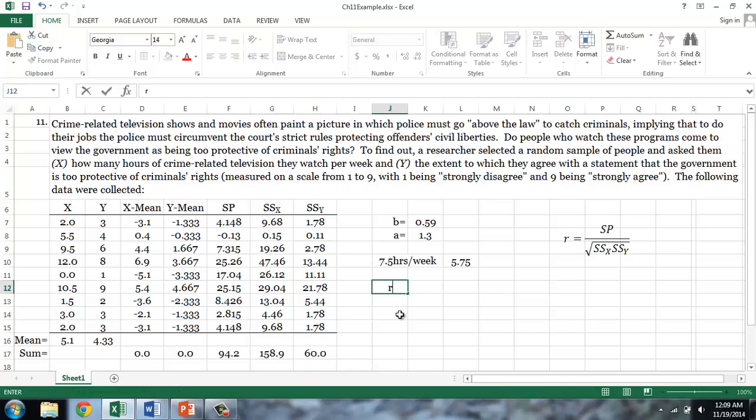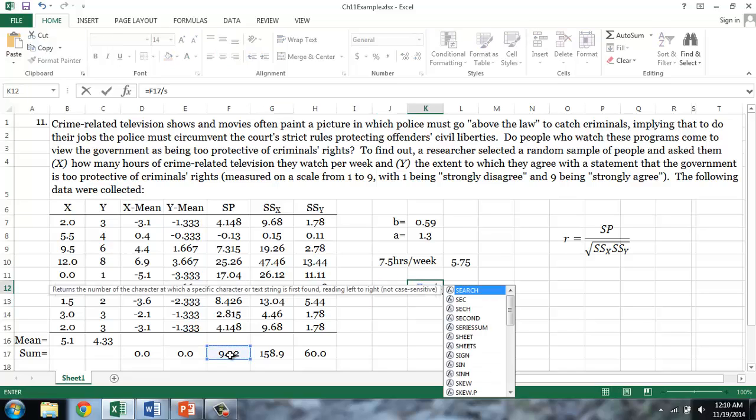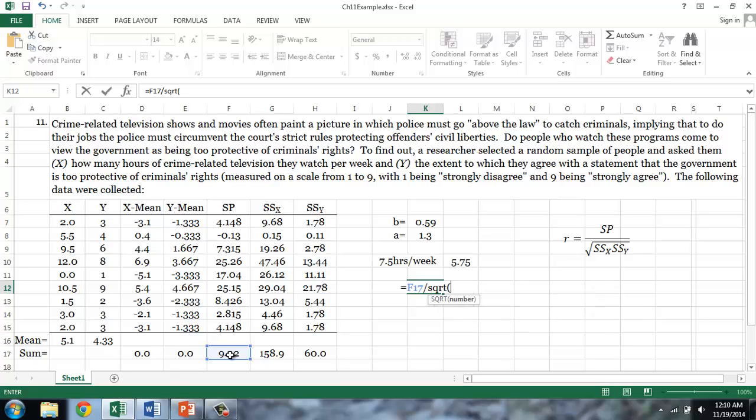So our r is equal to the sum of products divided by the square root, or SQRT, parentheses, the sum of squared x times the sum of squares for y, or 0.96.